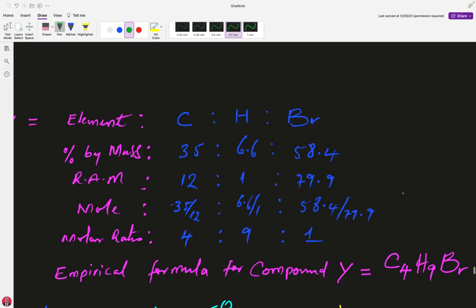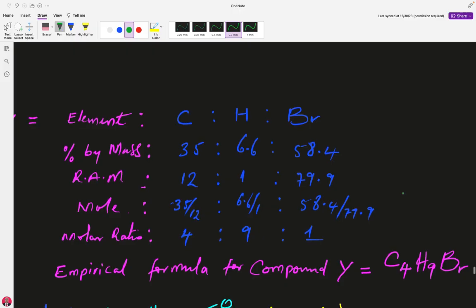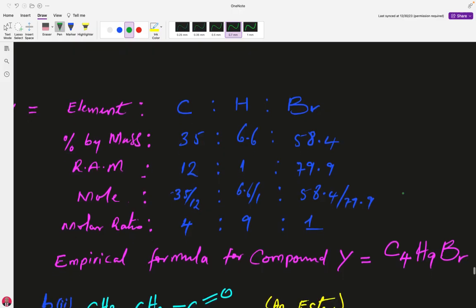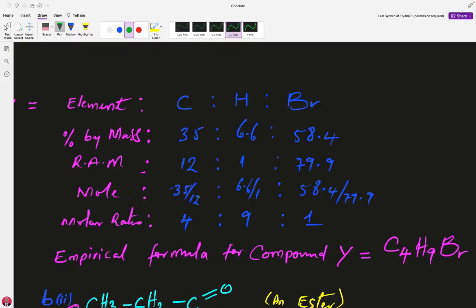And the number of moles, as I told you, you divide the percentage by mass by the relative atomic masses, and you have it. If we do this, we have the number of moles. When we have the number of moles, to have the molar ratio, we divide by the smallest.